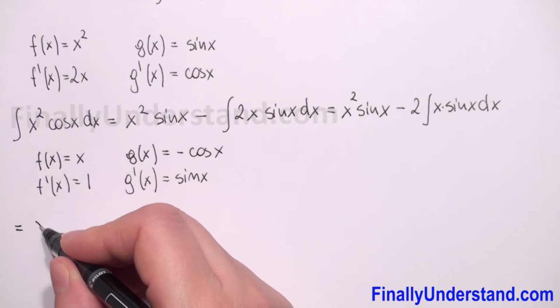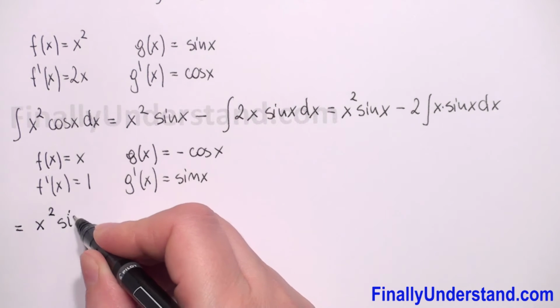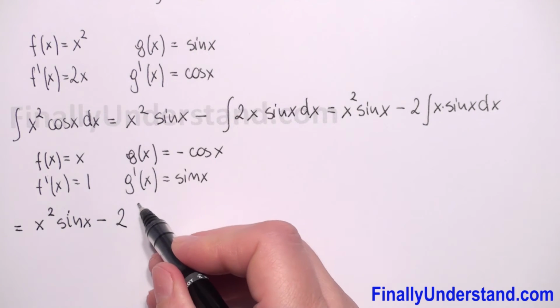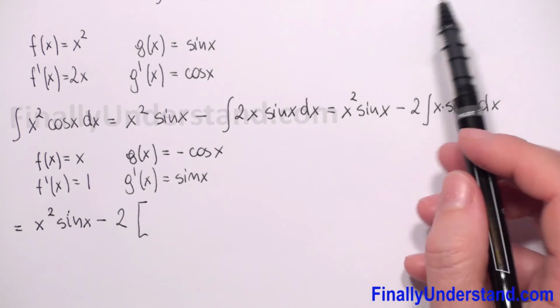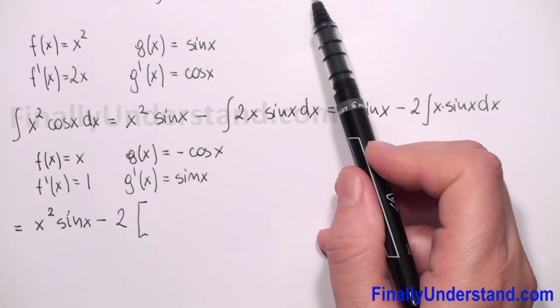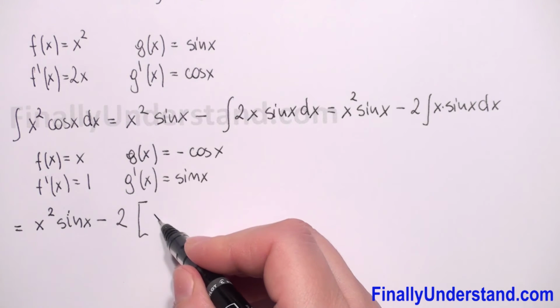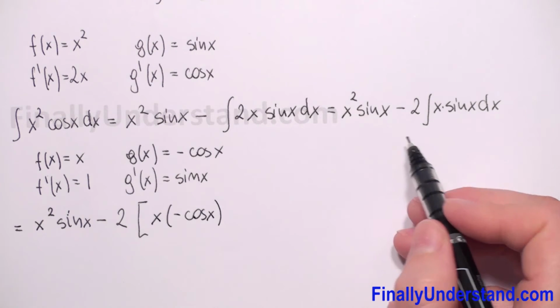We have x squared sine of x minus 2, and now we will open the brackets, and again we will use this formula. First we have f of x times g of x. So we have x times negative cosine of x.